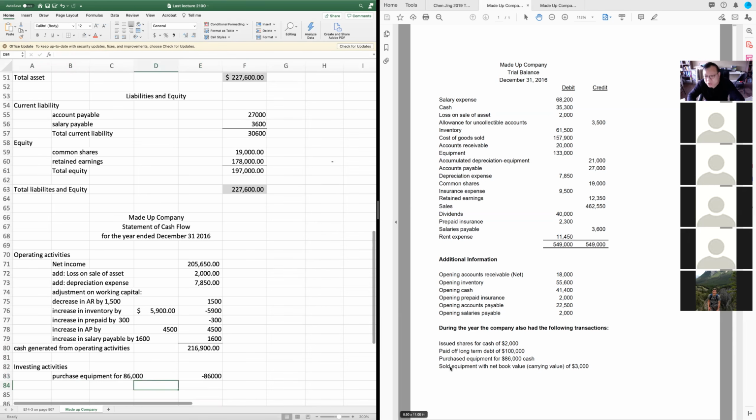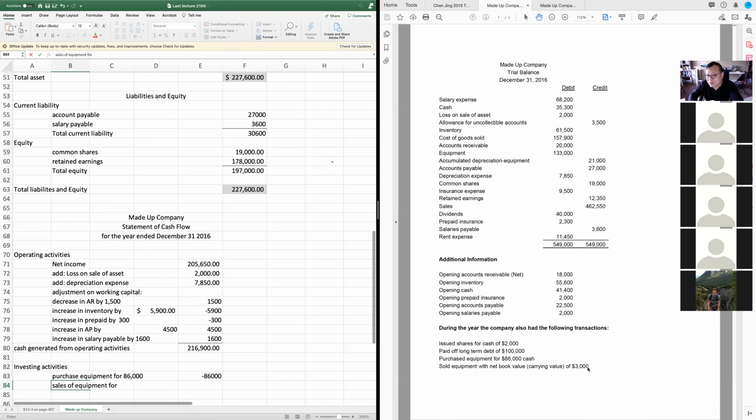Okay, and you sold the equipment with a net book value of 3,000. How much cash did you collect from the sale of the equipment? Well, the net book value is 3,000.